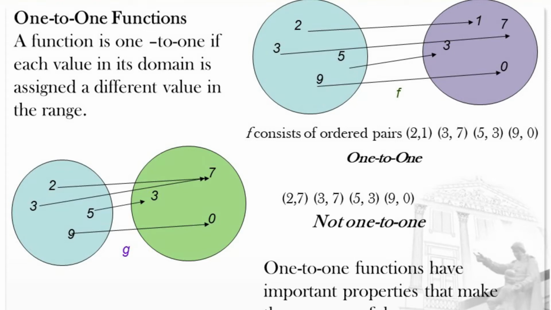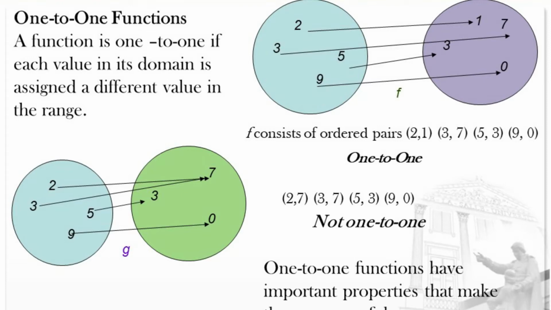Why is the second illustration not a one-to-one function? When we say one-to-one, they have different values. In this example, it's not one-to-one because 2 and 3 have the same value, which is 7. So it's not a one-to-one function.